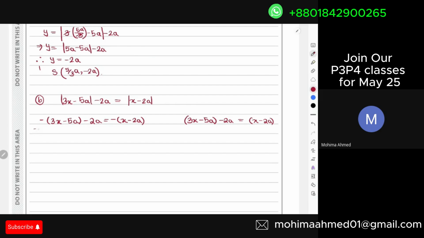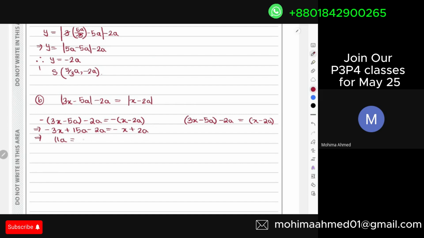So we can write this as minus 3x plus 15a minus 2a minus x plus 2a, and then take all the values of x together. Wait 1 minute, I'm making a mistake. Minus 3 plus 15 minus 2 minus 6 plus 2, right? So this 2, oh no, they will not cancel each other out. So you have 2 and 2 will become 4. 15 minus 4 is just 11a.